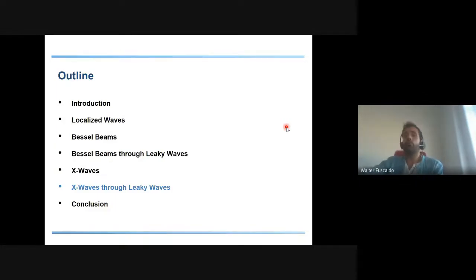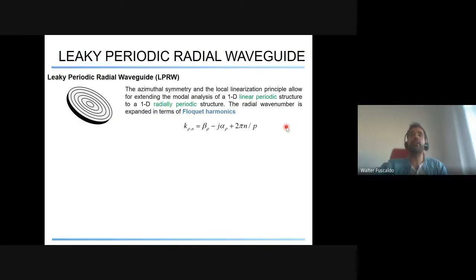In order to conclude this seminar, I want to show you how we can generate these interesting X-wave solutions with leaky waves. One possibility is to use leaky periodic radial waveguides, because as I showed at the beginning of this seminar, we have two ways to generate Bessel beams. One is the resonant kind, based on a standing wave distribution.